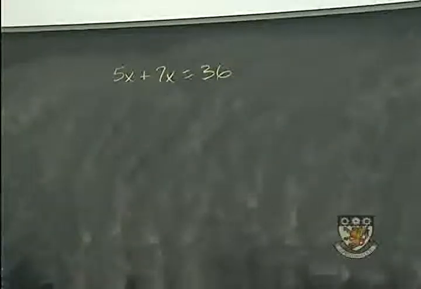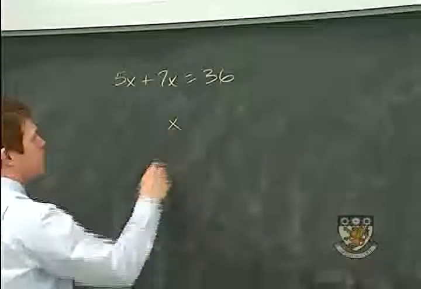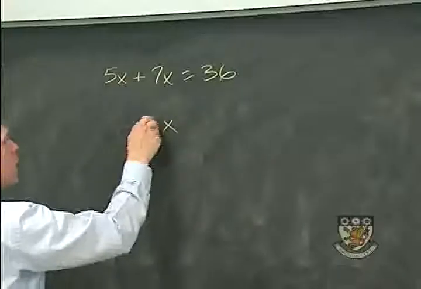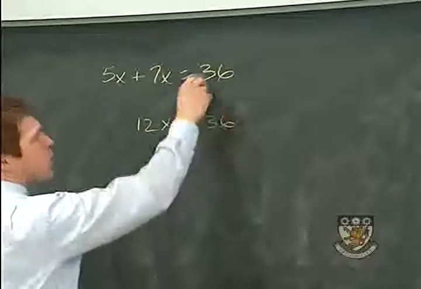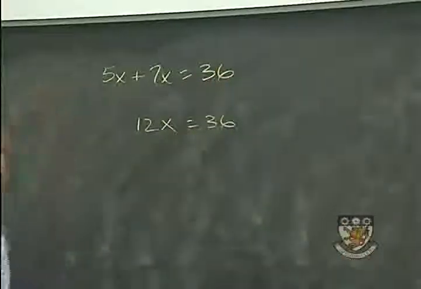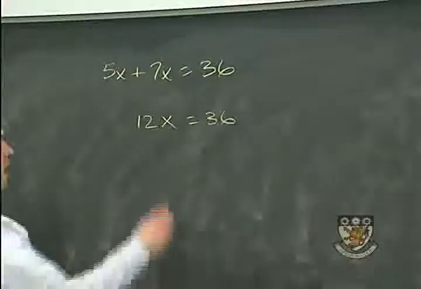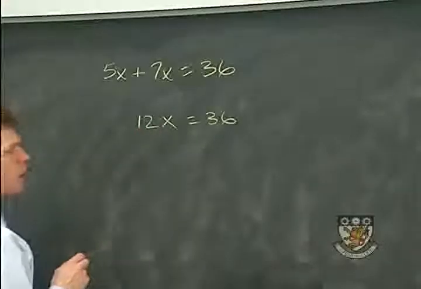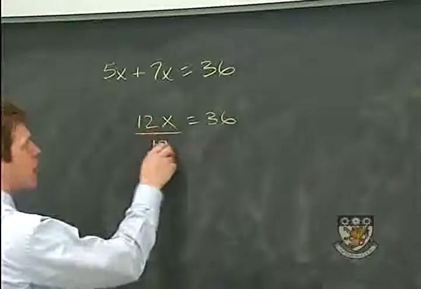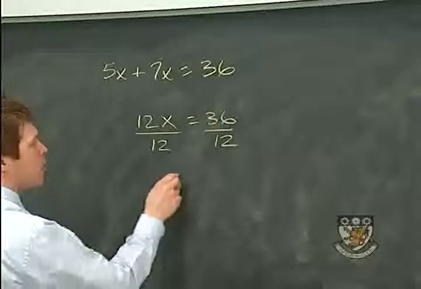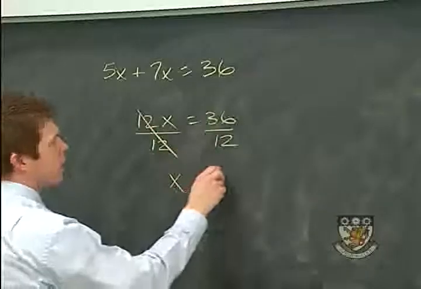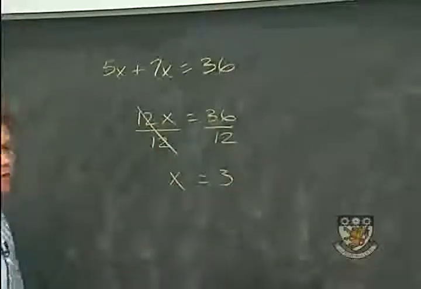We combine our like terms. X allows me to add them. 5 plus 7 is 12, equaling 36. There are no like terms over here to add. Now I have 12 times x. I try to isolate x using opposite operations. For balance, I do it on both sides. And 36 divided by 12 is 3.